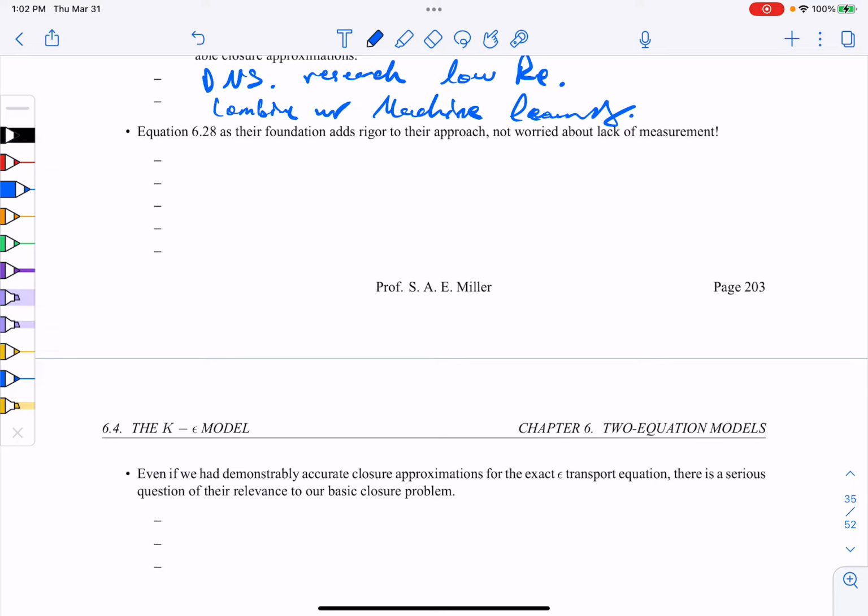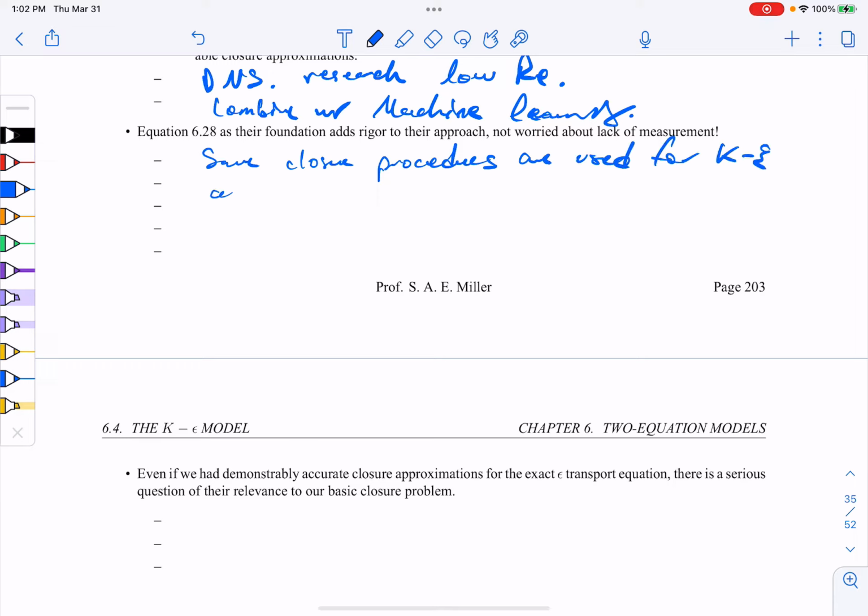But people, just like with K-omega, try and find closure based on many different types of flows. So generally the same closure procedures are used for K-epsilon as K-omega, and they might focus on flows like boundary layers in the log region, or wakes, and maybe grid turbulence.